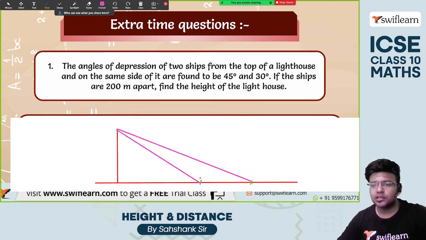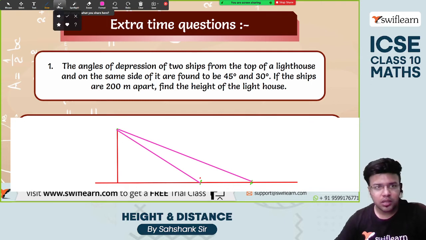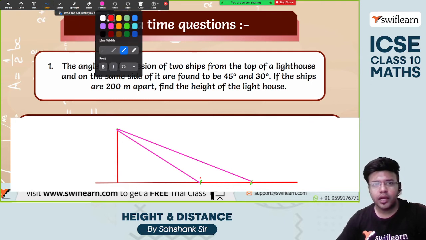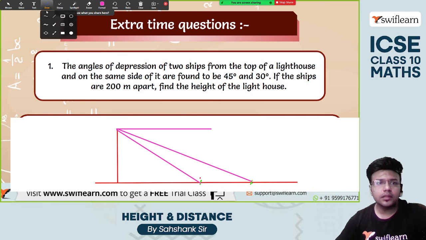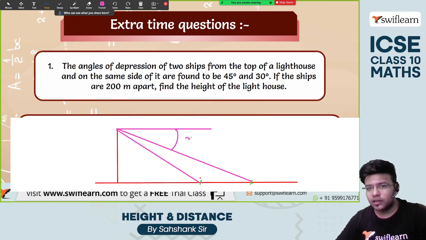Now see this. This angle is smaller, so this will be 30 degrees and the other will be 45 degrees. This is a parallel line, this is a transversal, so this is also 45 and this is 30 degrees.